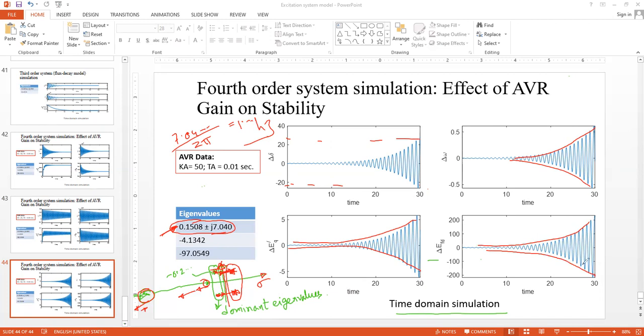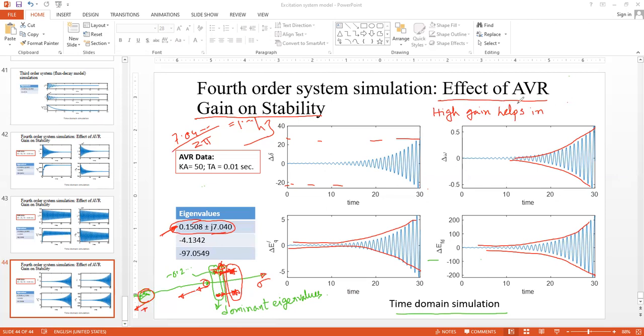So in conclusion, we can say, if we want a high gain in our excitation system, why would we expect high gain? Because high gain helps in steady state or static stability, we should say.